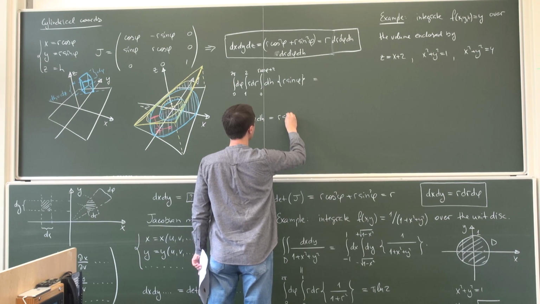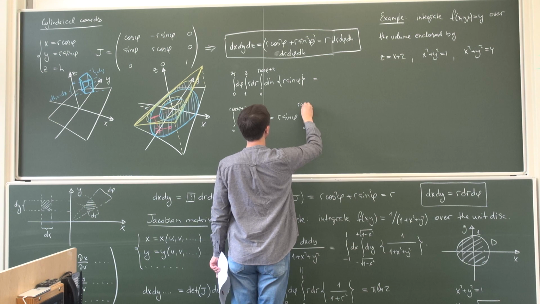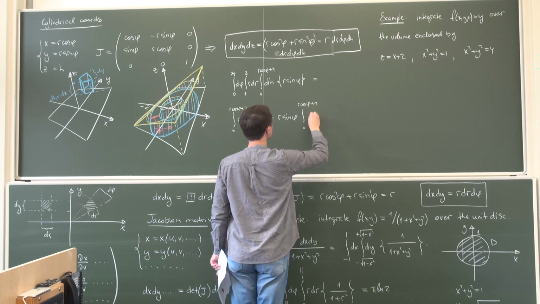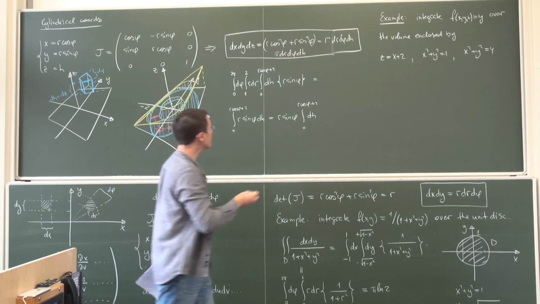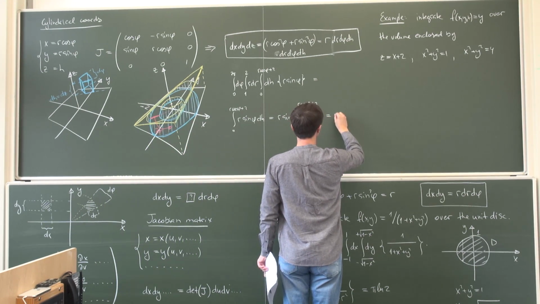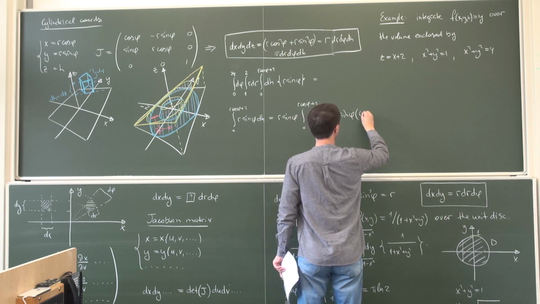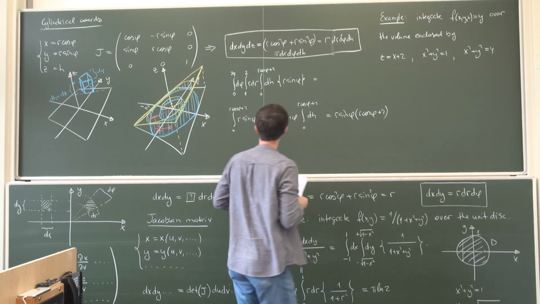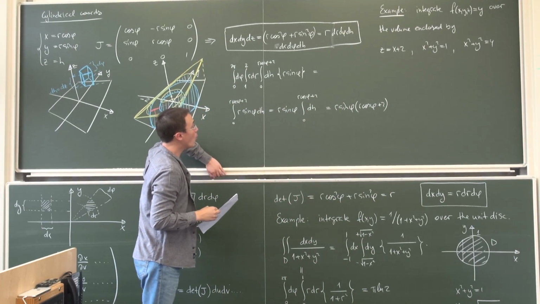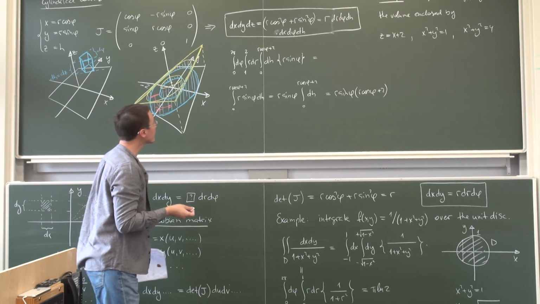So r sine phi integral from 0 to r cos phi plus 2 dh. So that's just the upper limit, basically. That is r sine phi, r cos phi plus 2. So that's our integral with respect to h finished.